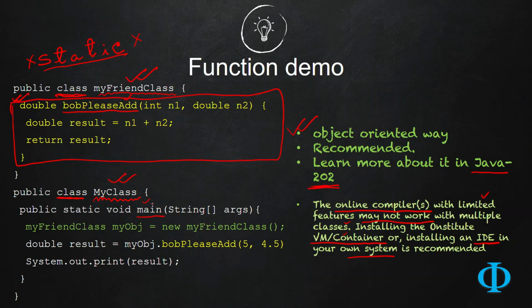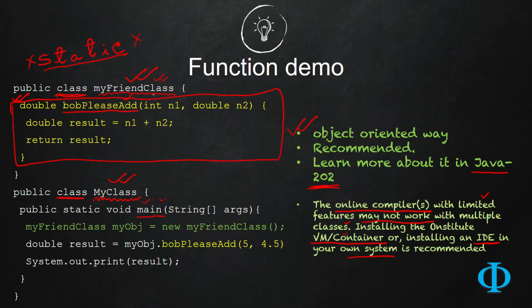Now let us come to the main function, which is defined inside this My class. Here, when you are working in an object-oriented fashion, you have to declare an object of the class where the function is defined.